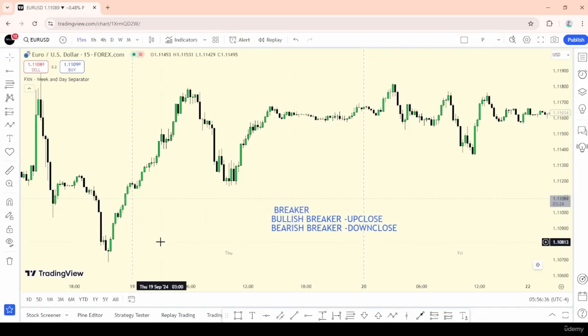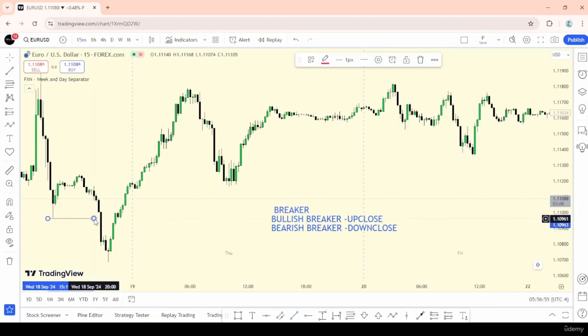In a breaker, first you have to identify an area in which market has run either buy stops or sell stops. So we have to have the idea that we have run a form of sell stops liquidity like this one. From the other exercises or videos or lessons, I have been able to show you sell stops and buy stops.